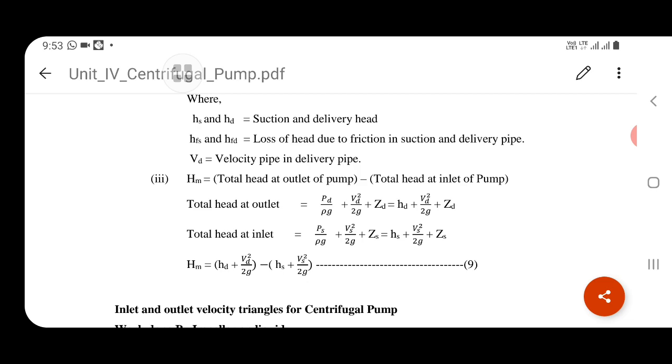Similarly, total head at the inlet is PS upon rho g plus VS square upon 2g plus ZS. So HM is equal to PD upon rho g plus VD square upon 2g plus ZD, minus PS upon rho g plus VS square upon 2g plus ZS. So write down.